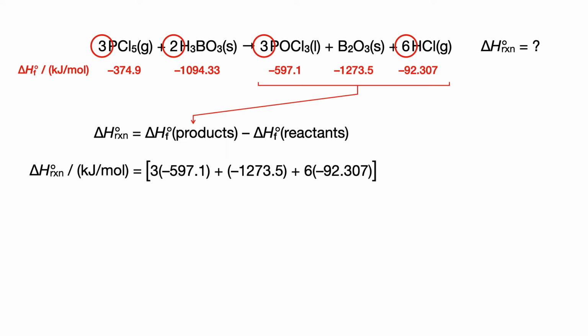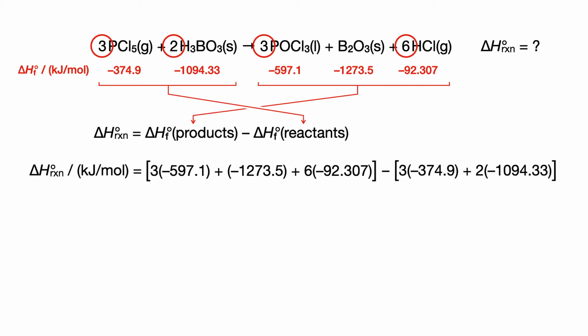And then we subtract the total enthalpy of formation of the reactants, which is 3 times the enthalpy of formation of the phosphorus pentachloride and 2 times the enthalpy of formation of the boric acid.